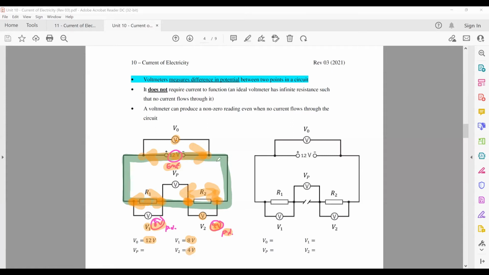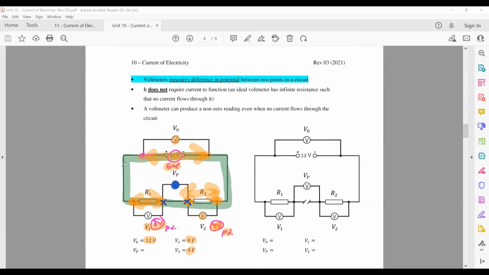Now, of interest to you is this particular voltmeter. Maybe I use a different color, blue maybe. Of interest to you is this particular voltmeter. Where is it connected to? It's connected here and here. Now in your case here, this circuit has current flowing.